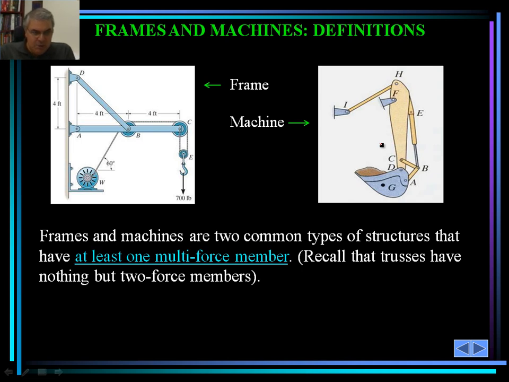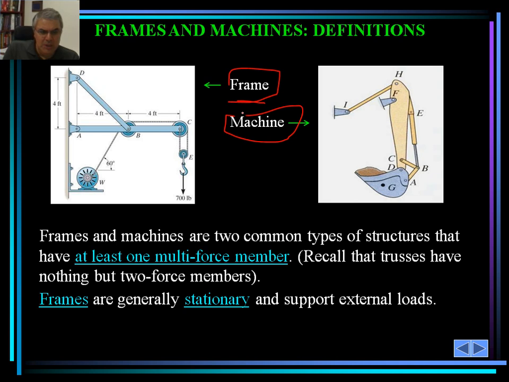Again, I repeat, they should have at least one multi-force member. So they're not like two-force members, like in the case of a truss element. An example of a frame and an example of a machine are shown here.